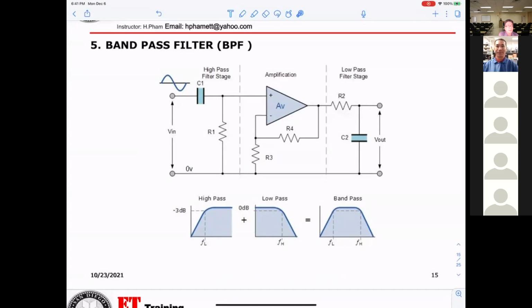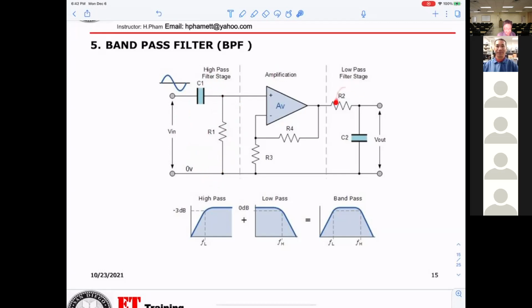Basically they combine a high pass filter with a low pass filter to make the band pass. This is the high pass, which passes any frequency higher than the cutoff.